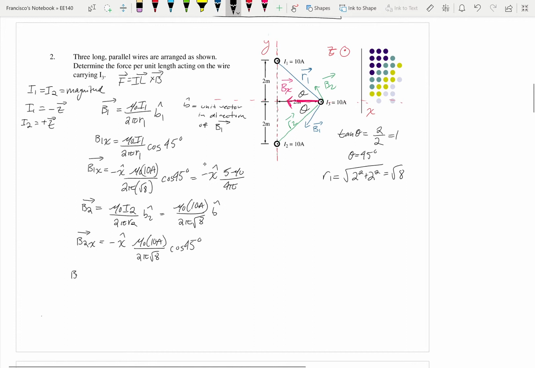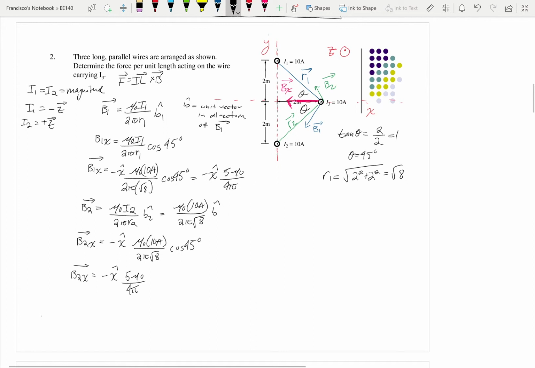Therefore, B2x is going to equal negative x direction 5 mu naught over 4 pi. Okay, now what we want to know is the resultant vector, which is going to be Bx.